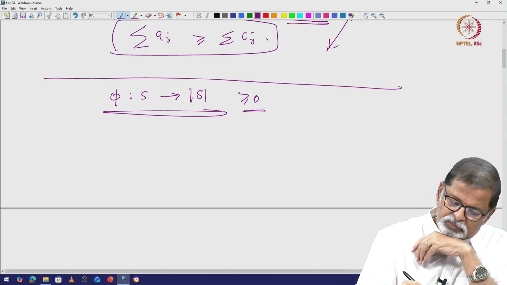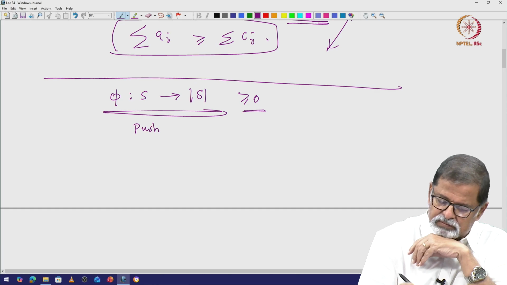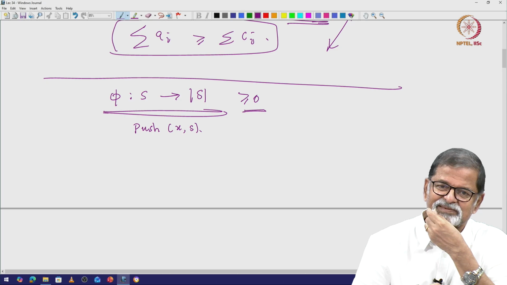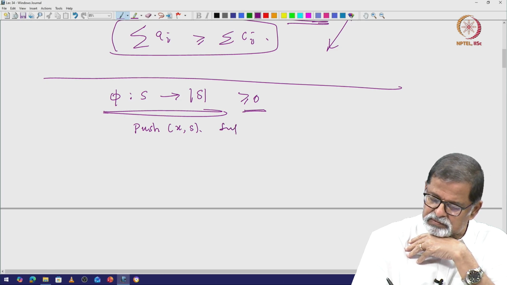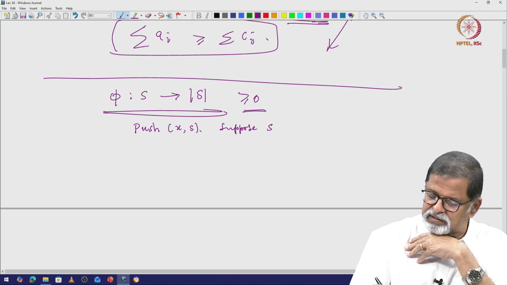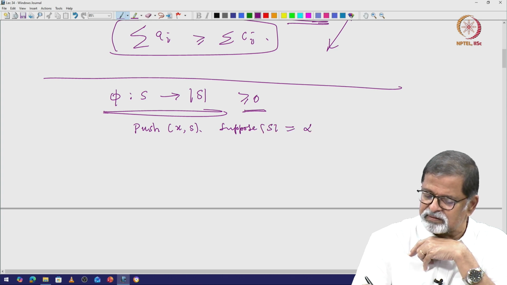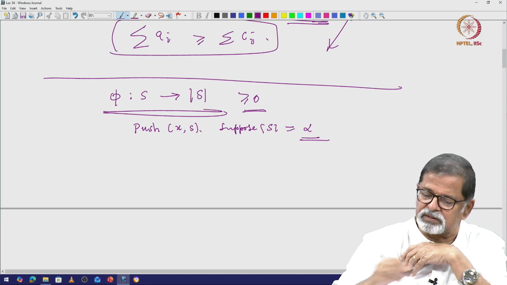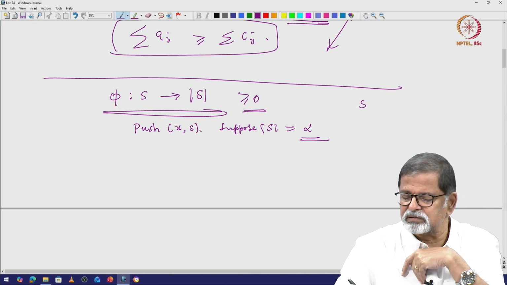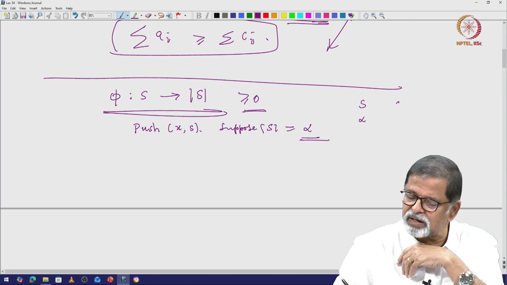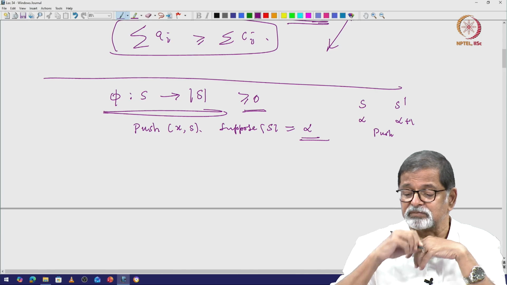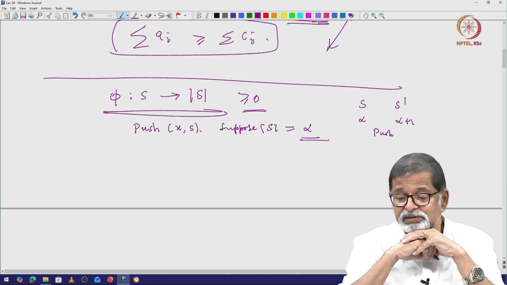So let us take push x s. Suppose cardinality of S is alpha. You are doing the push operation. You have S with alpha items, you have S dash after push. This push will have alpha plus 1 items because you have pushed x.